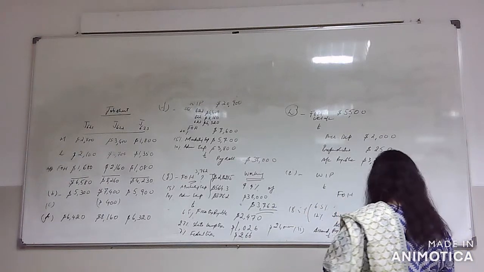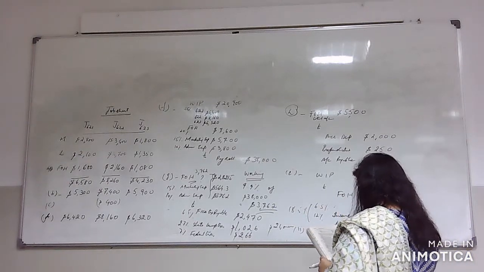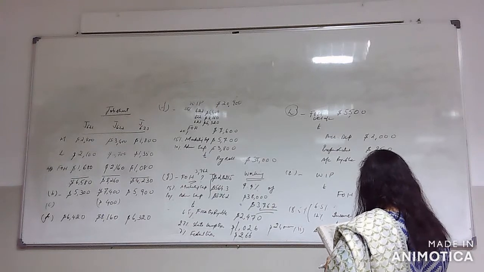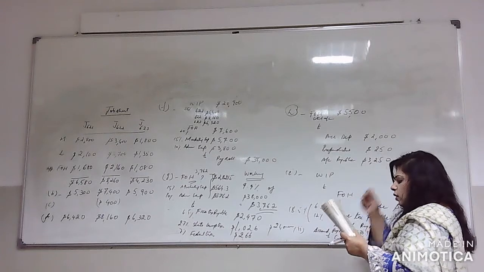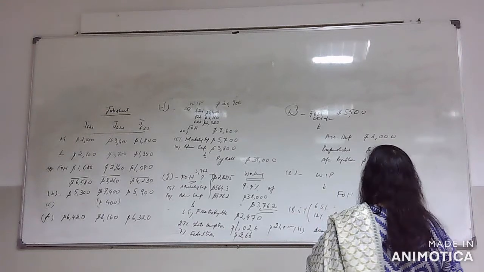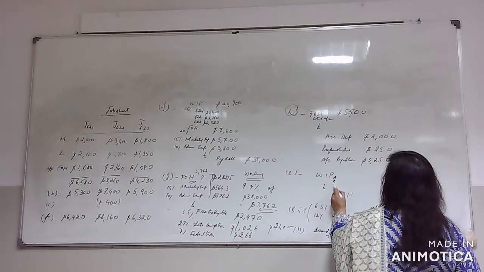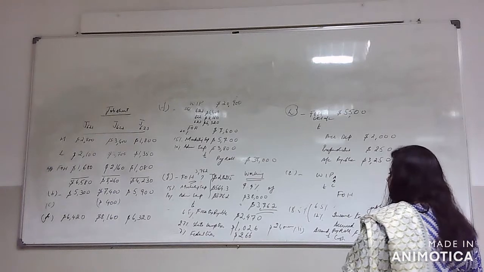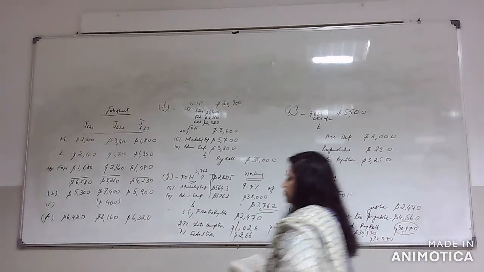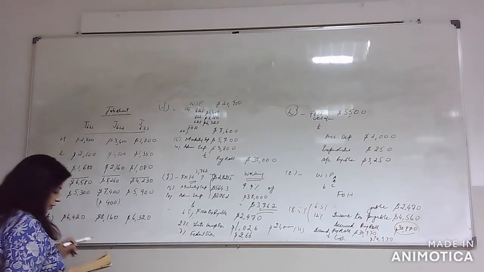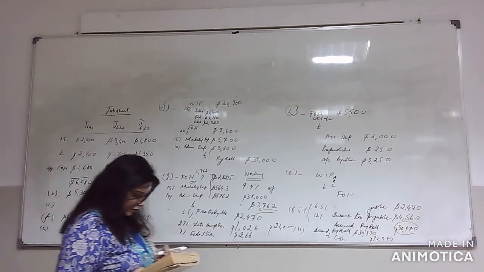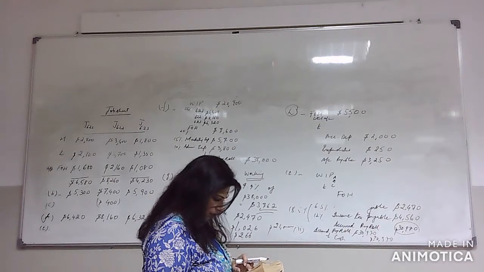And they have said that 80% of the direct labor costs is to be charged to the 3 jobs based on the labor cost for March. So this will have A, B, and C. What was the 80% for March? Let's just see now, March.